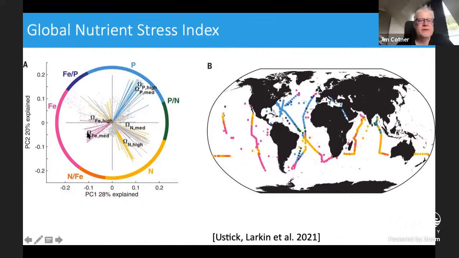No, I agree. The co-limitation issue is complicated and really important, and we're seeing evidence for that in lots of places. This is a good analysis to show that this method works for, in particular, whatever the major stress gradient is in your ecosystem.